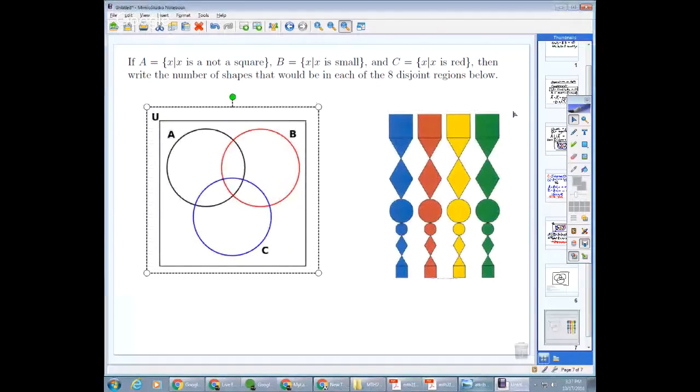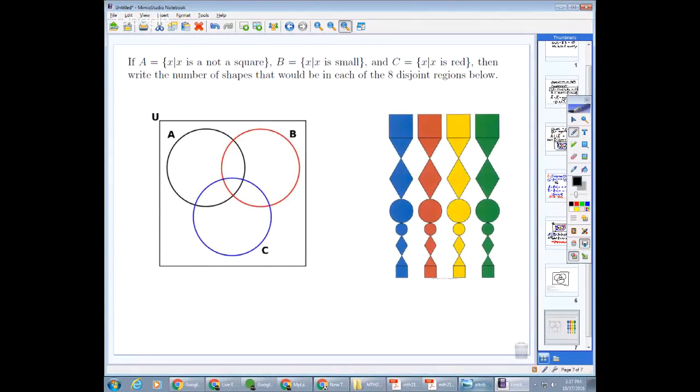All right, so I'll label this a little bit more. Okay, so set A, remember, those are my not squares. The B's are my smalls. And the C's are my reds.